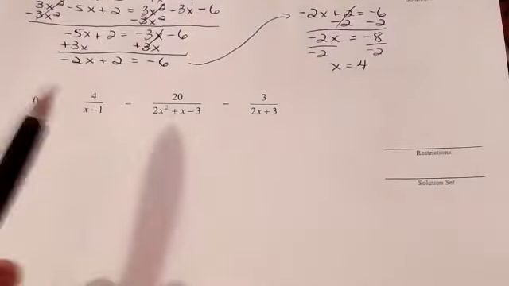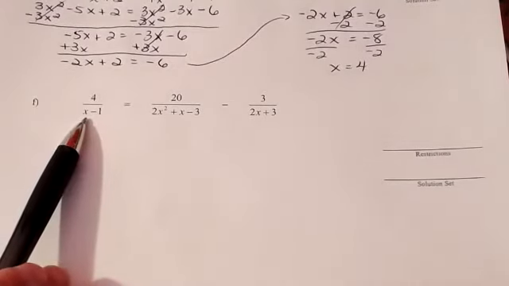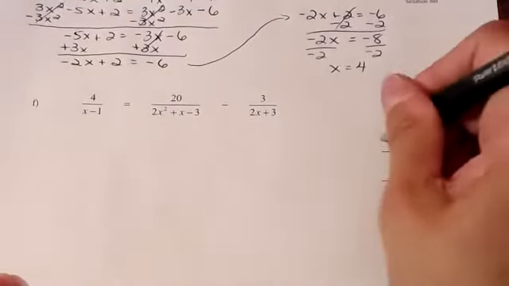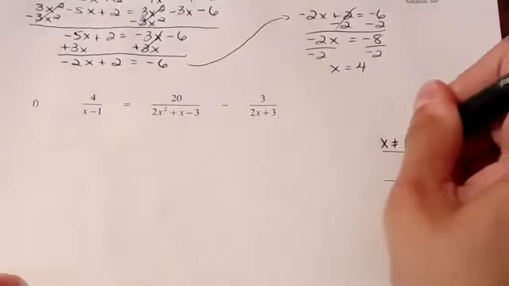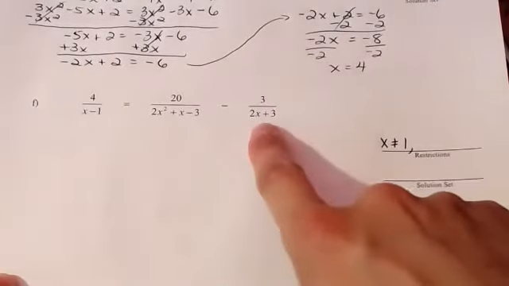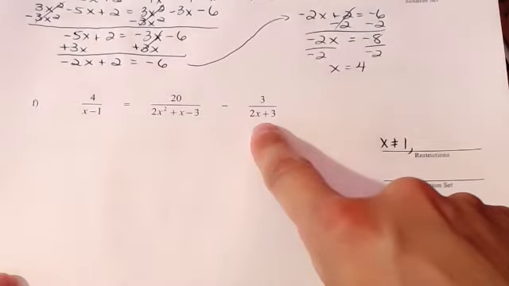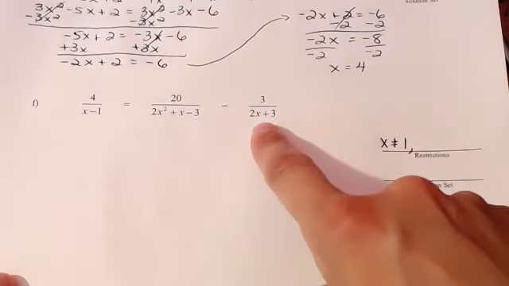First off, our first fraction, what's my restriction? 1. Yes, so x can't be 1. So far, we see that. Let's look at this one. What can x not be? -3?